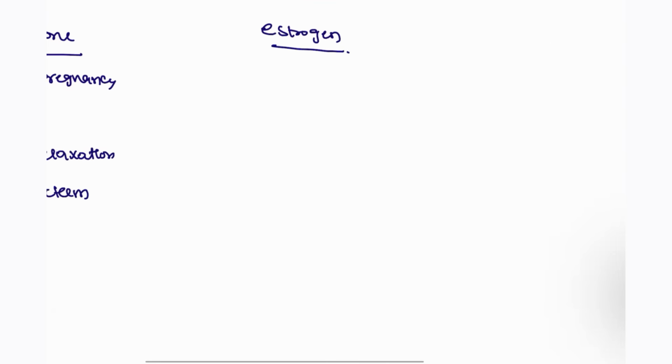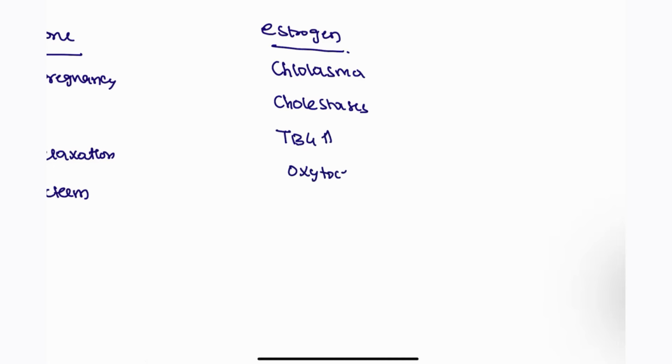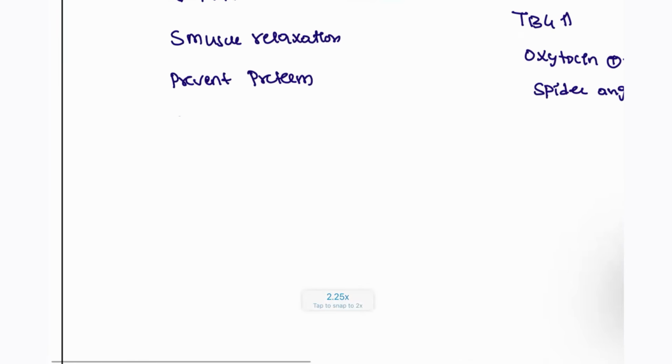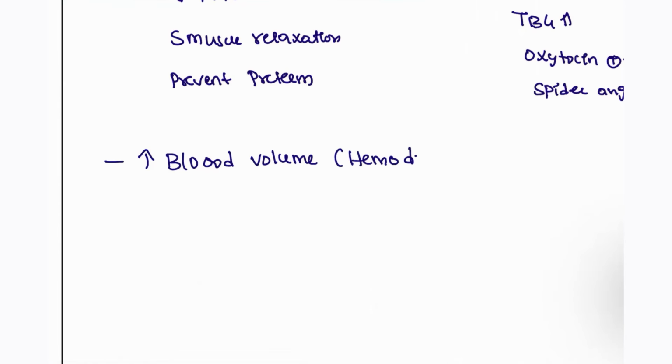Next, estrogen, which will cause the chloasma changes, cholestasis. Increased TBG, thyroid binding globulin, will be increased, oxytocin release will be helped. Okay, spider angiomas. Other changes like blood volume will be increased. If blood volume increases, this is known as hemodilution, guys.